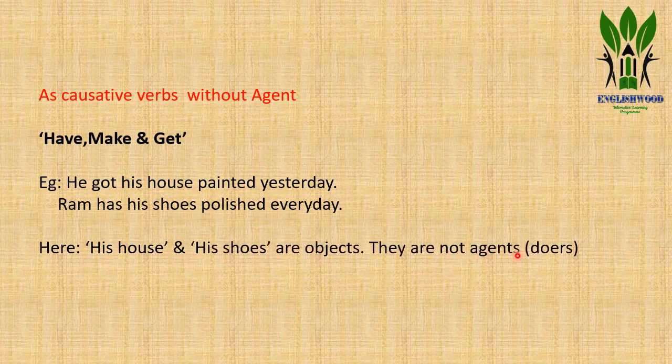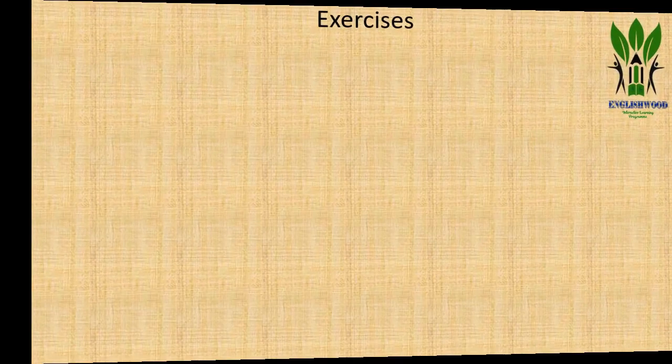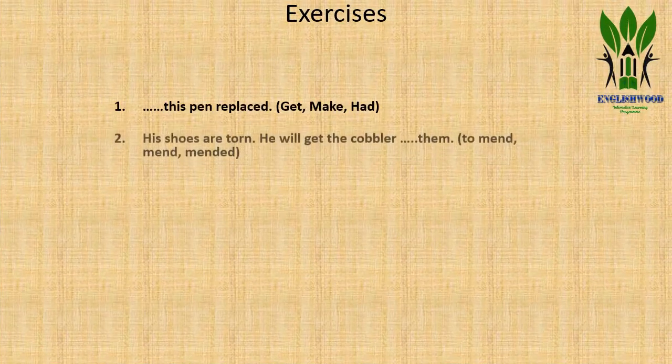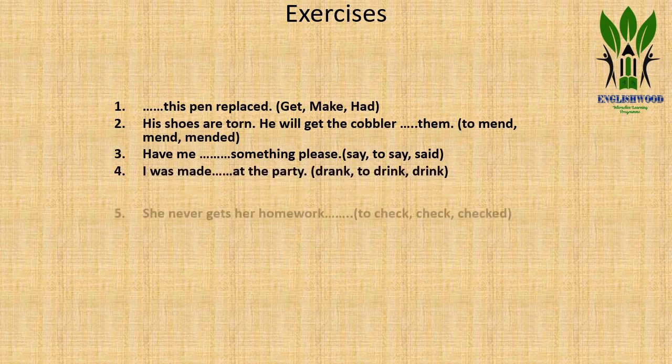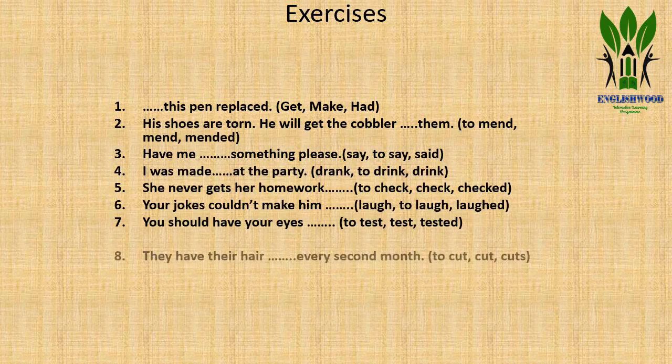Ram has his shoes polished every day by someone. Here his house and his shoes are the objects. They are not the agent. They are not the doers. So in this case, we have subject, have, get, make plus object equals verb 3.